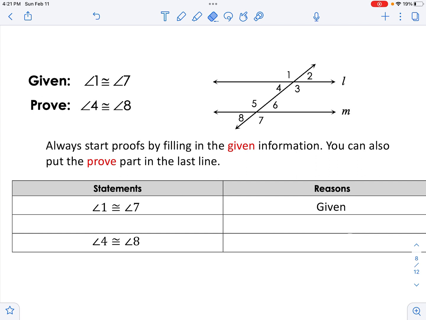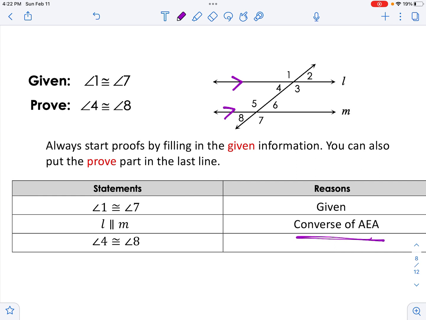So we're going to write L is parallel to M. And why is that? By the converse of alternate exterior angles. Okay. All right, so now we know that L and M are parallel. We've proved that. So now we can say 4 and 8 are congruent by corresponding angles.